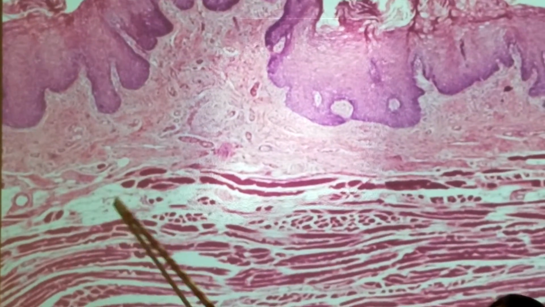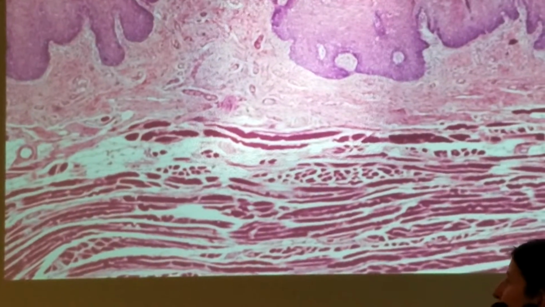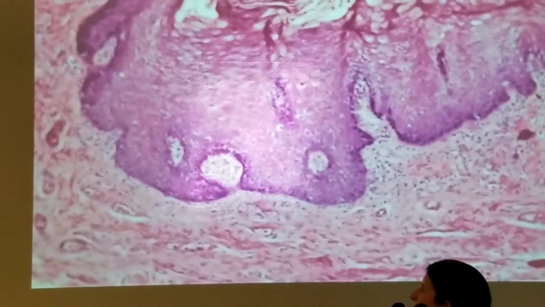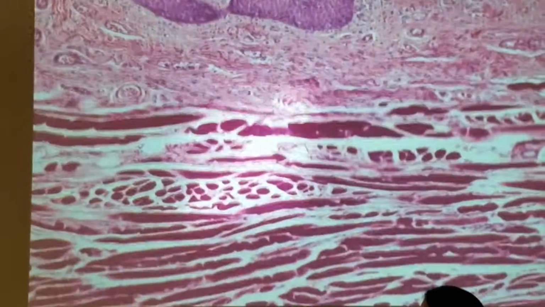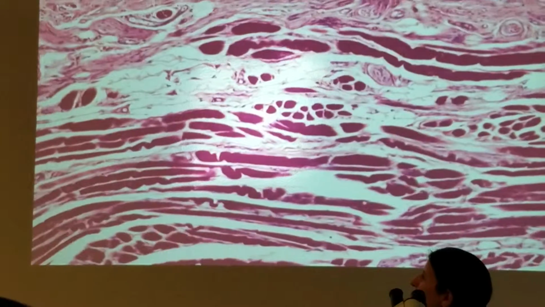You'll have to know that adipose is adipose on this slide. Stratified squamous, lamina propria, lovely skeletal muscle, and all that adipose.